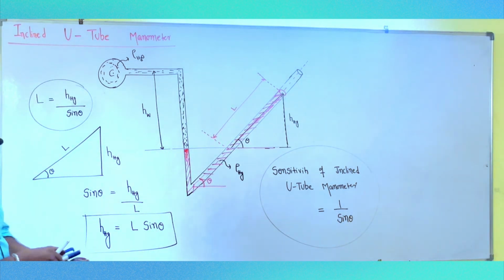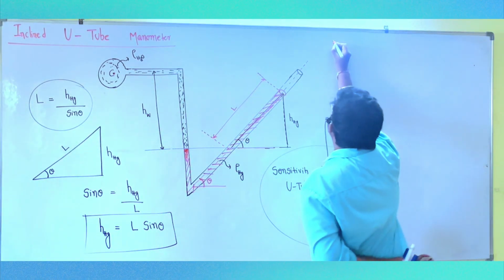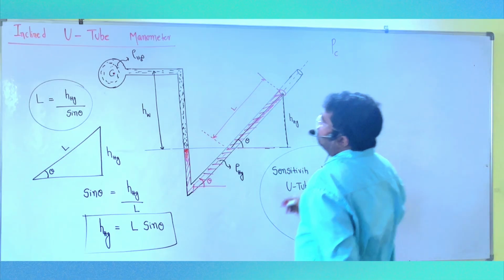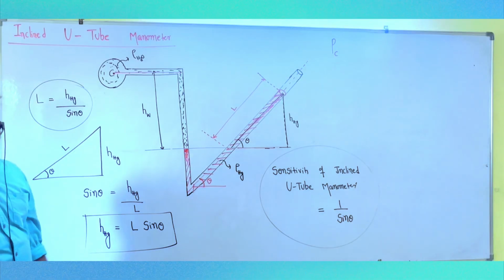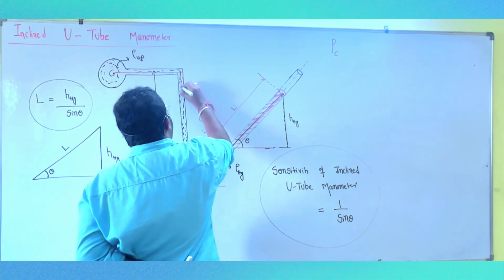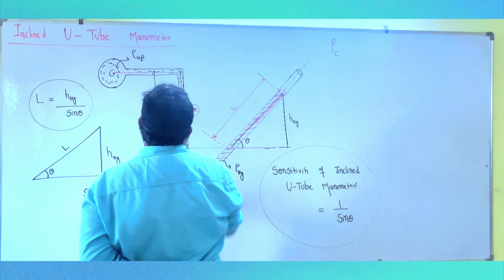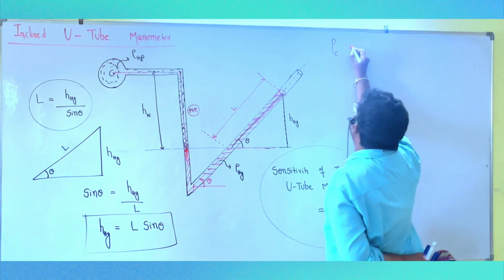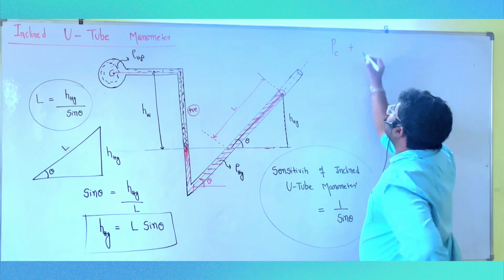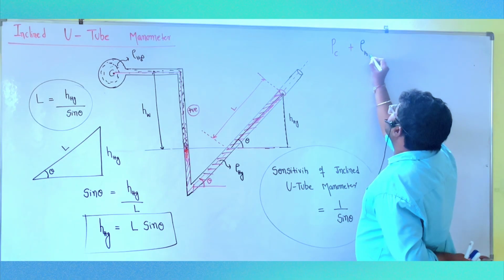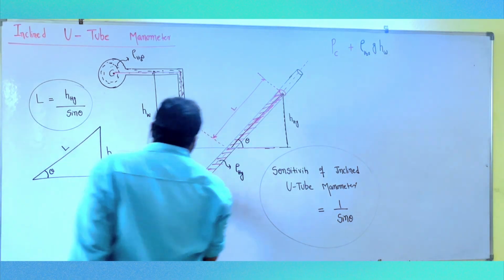Clear? Start from one end and finish at the other end. Start from here, PC. This is PC. Horizontal direction, assume positive. Coming down is positive: density of the water times g times the height of the water column.